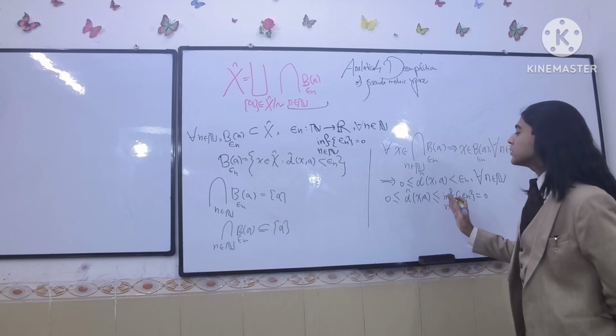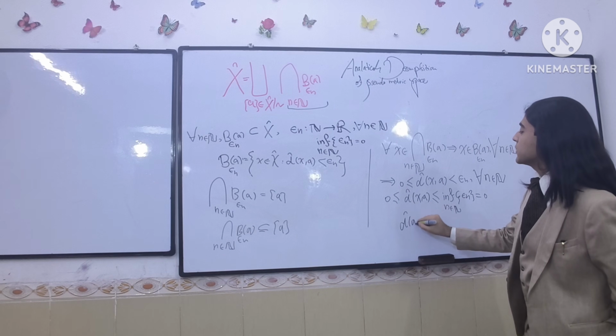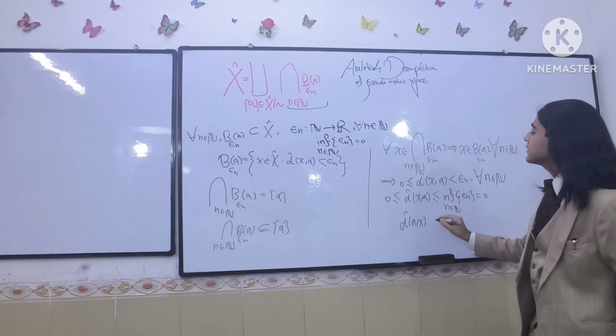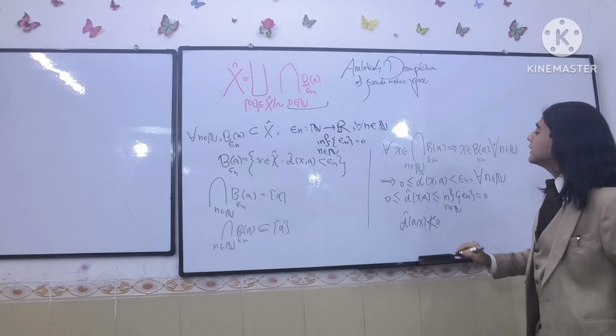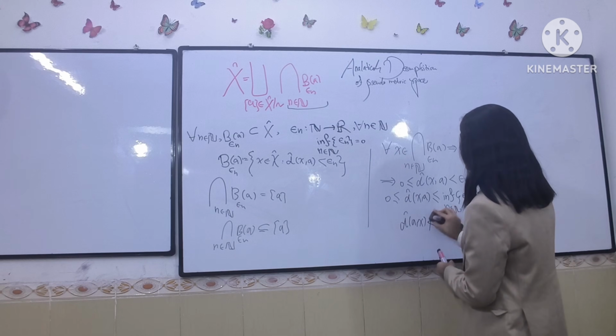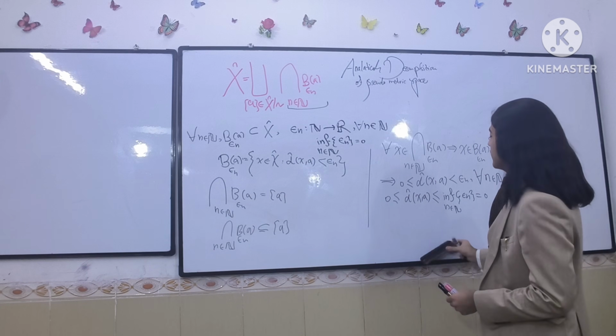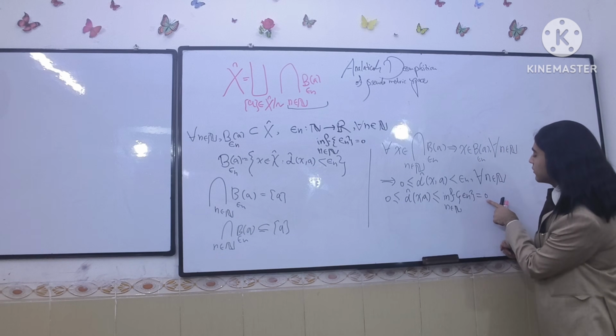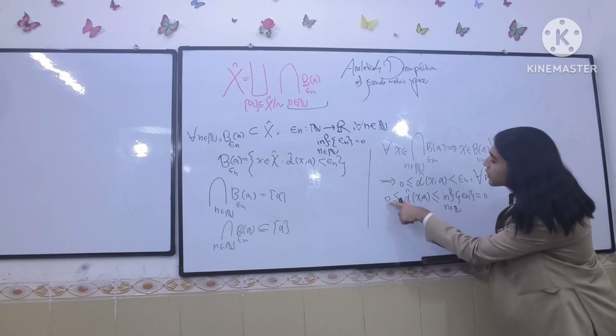Of course, the metric cannot be less than 0; it must be greater than or equal to 0.